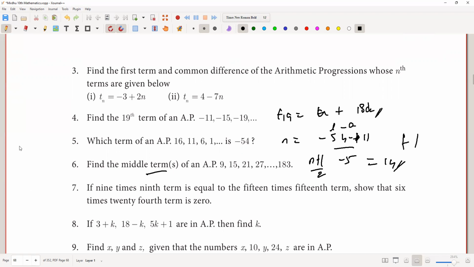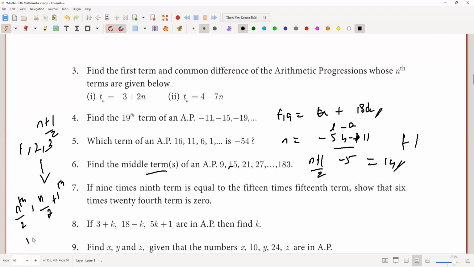If it's an odd number of terms, say 1, 2, there are only 3 terms, it will be the (n plus 1) by 2th term that is the exact middle term. Now we have got 30 terms exactly. So for an even number of terms, the middle terms are the n by 2th term and the n by 2 plus 1th term.